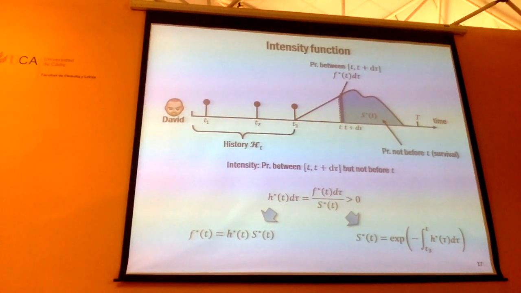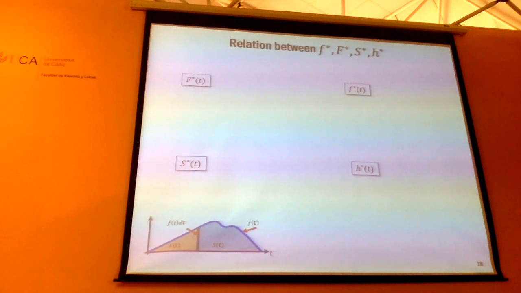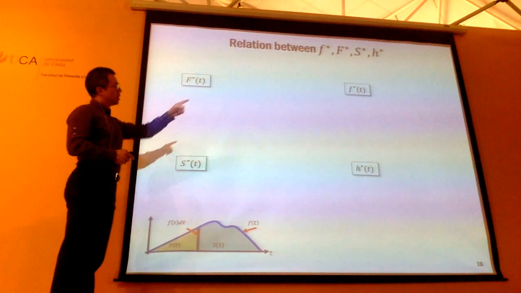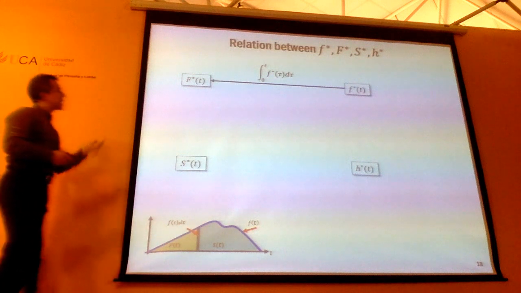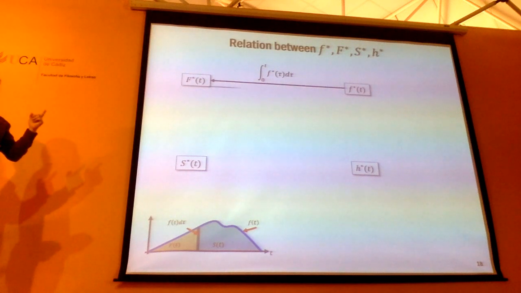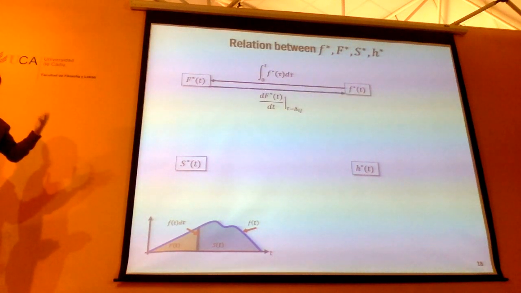If I put it in a diagram, it's very easy to link the conditional intensity function with your familiar quantities such as density, cumulative distribution function, and survival function. Suppose you have your density function f. You can get the cumulative distribution by integrating from 0 to t, and you can go from the cumulative distribution function to the density by taking the derivative.